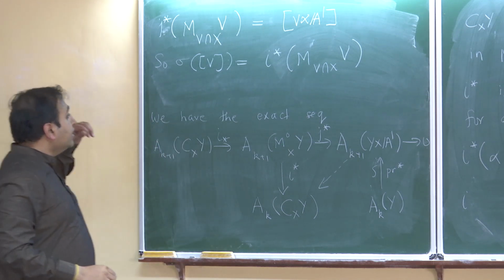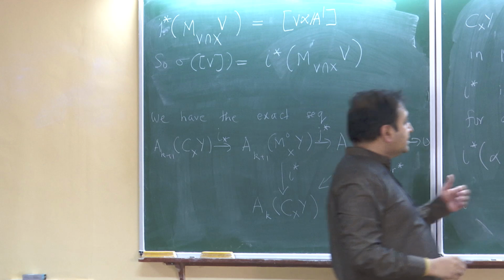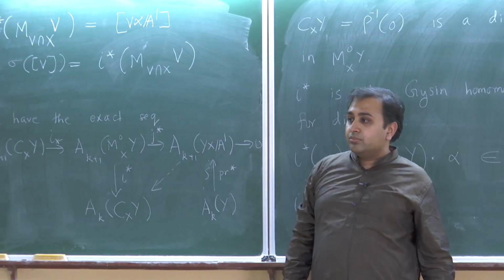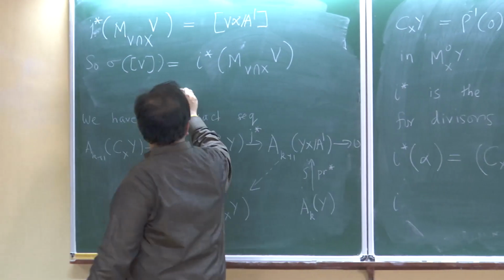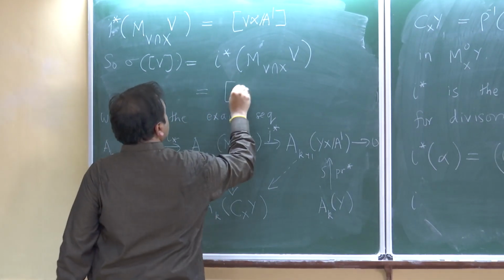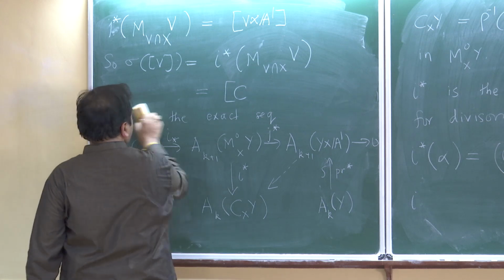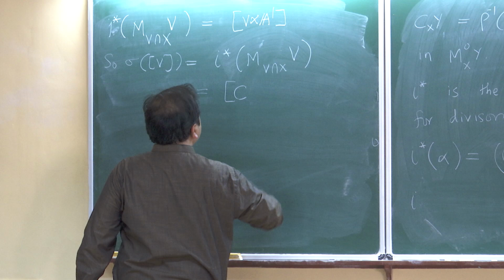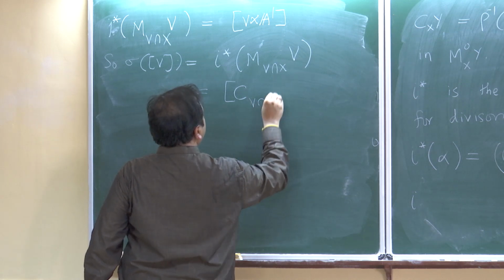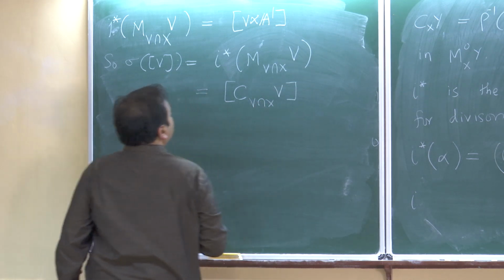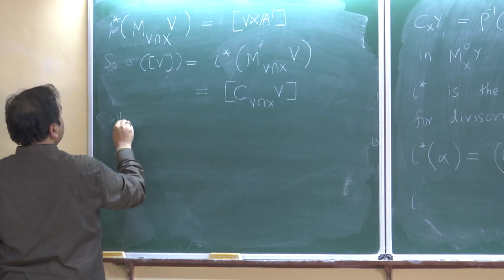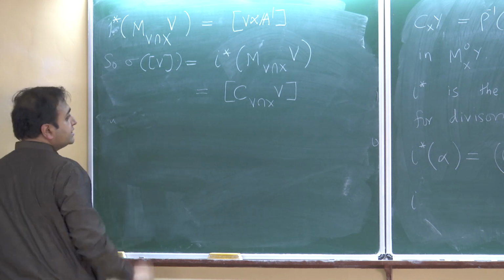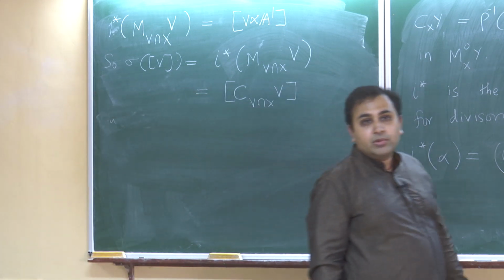Basically, I'm just restricting the divisor C_XY to this subvariety, which is equal to C_V intersection X_V. So that's basically what we wanted to do.